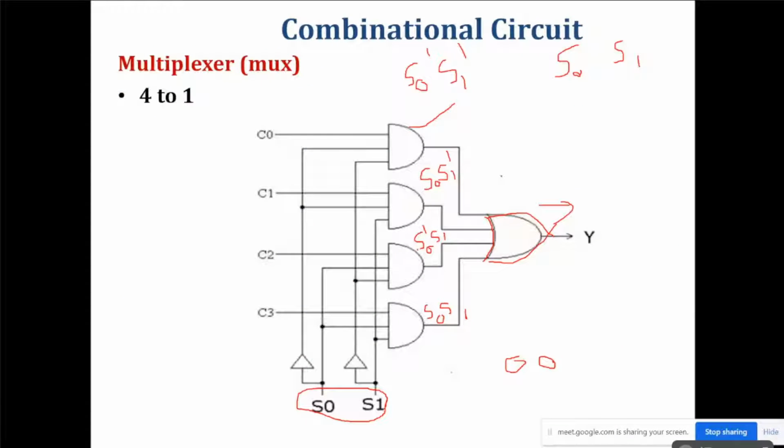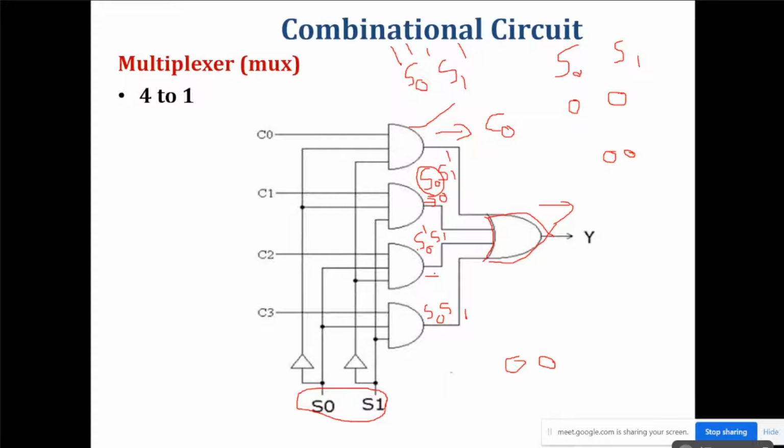For selection line 0 0, S0 dash and S1 dash will be 1 1, so the output of the first AND gate will be C0. For the remaining gates, S0 or S1 is 0, so the output of each is 0.